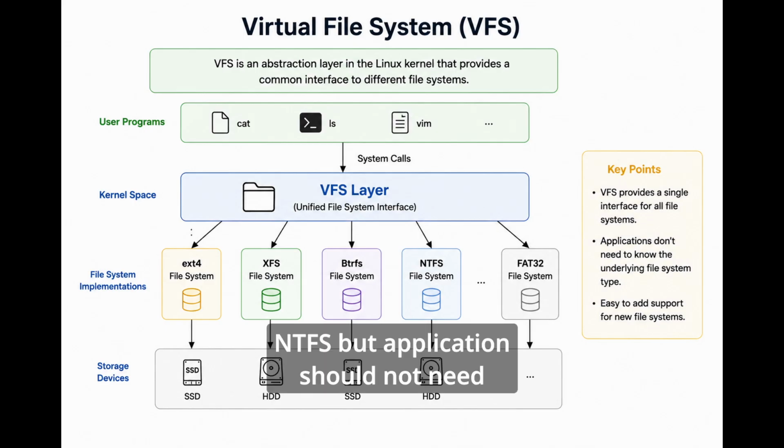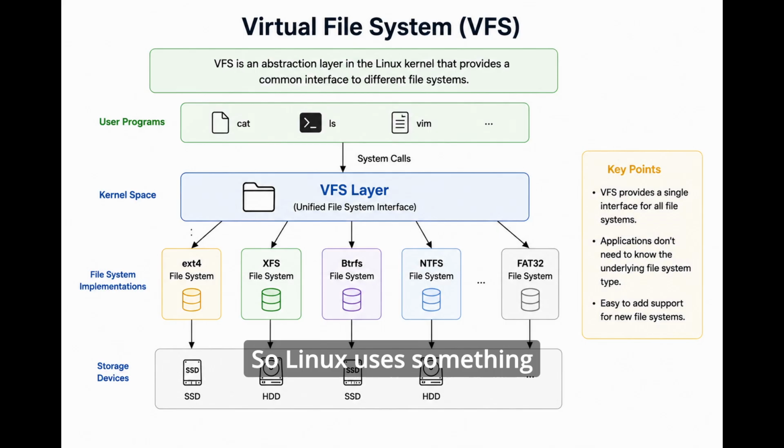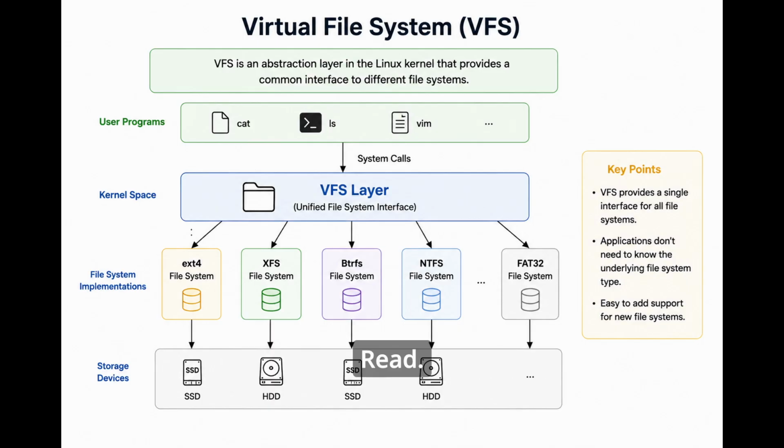But applications should not need to understand every file system type. So Linux uses something called the Virtual File System, or VFS. The VFS provides a common interface. Applications use standard operations such as open, read, write, close.